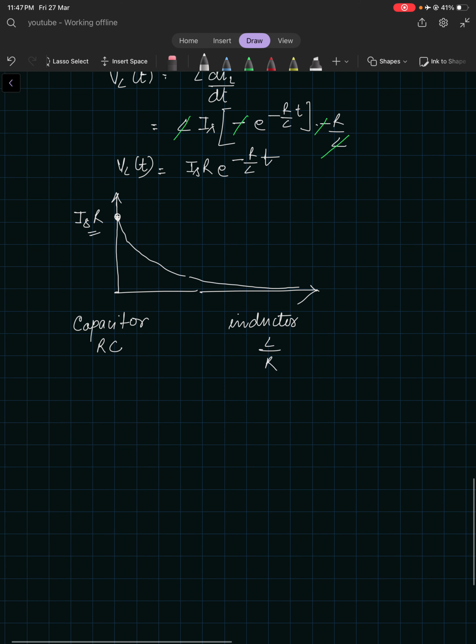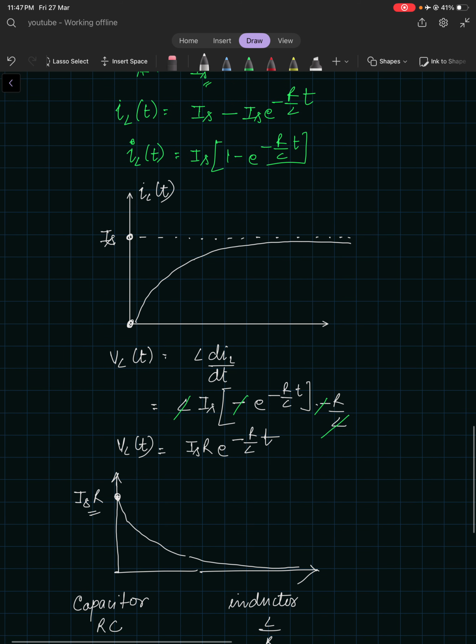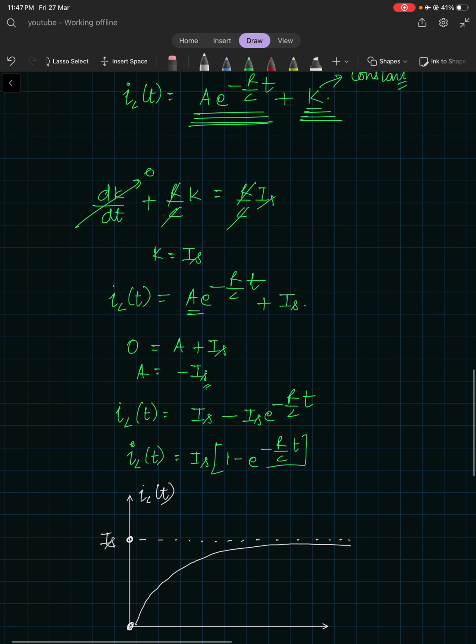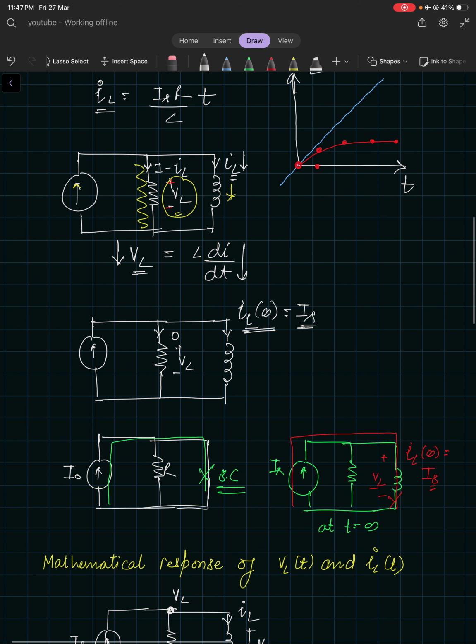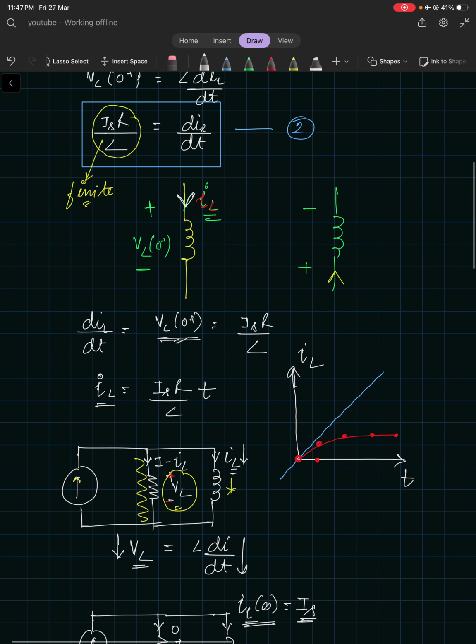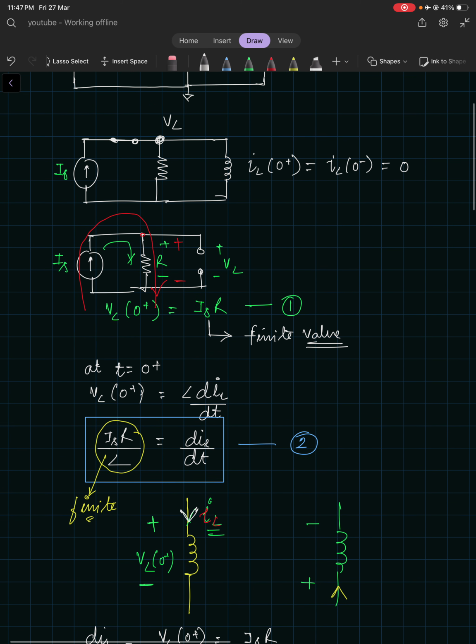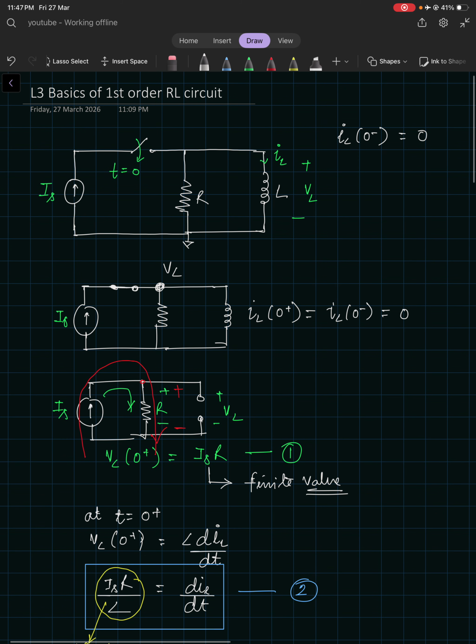So here we have seen that the response in the inductor circuit is similar to whatever we have seen in the capacitor circuit. There are some changes.